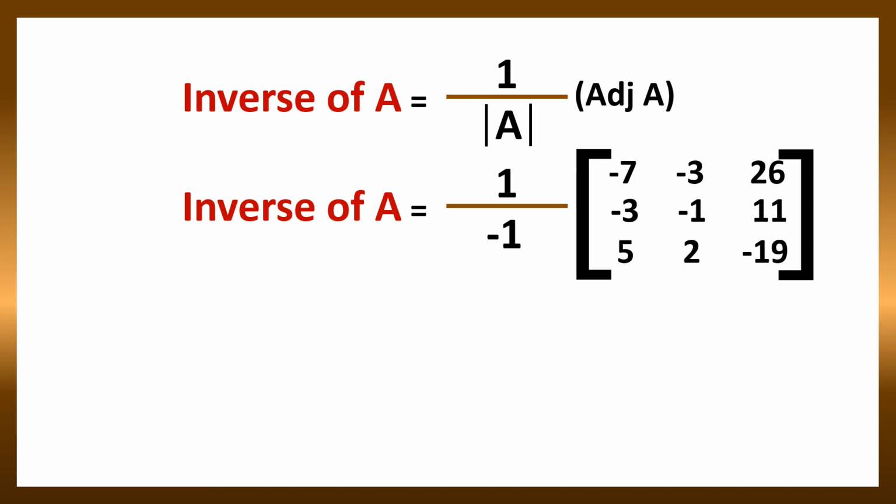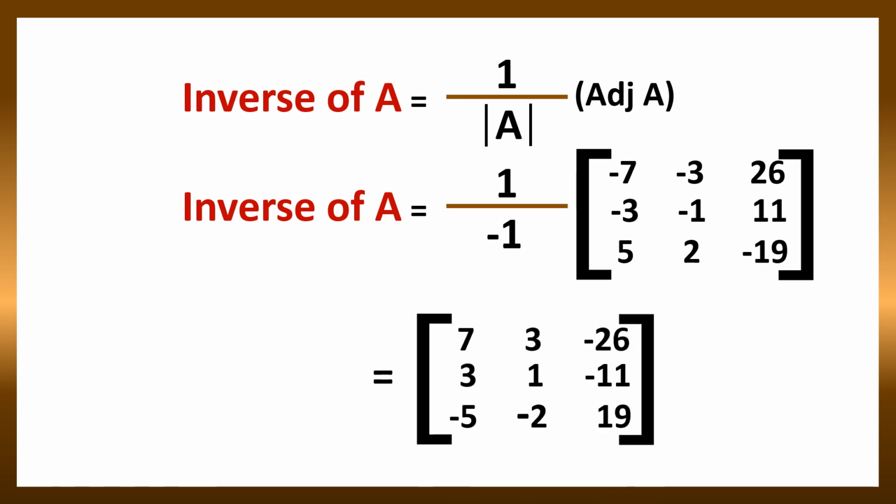Now 1 by minus 1, so we have to multiply the whole Adj A matrix with minus 1. That will change the signs of all the elements in the matrix. And the matrix will be like this. Matrix of 7, 3, minus 26, 3, 1, minus 11, minus 5, minus 2, 19. So this is the inverse of matrix A.